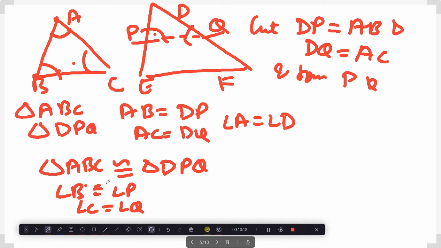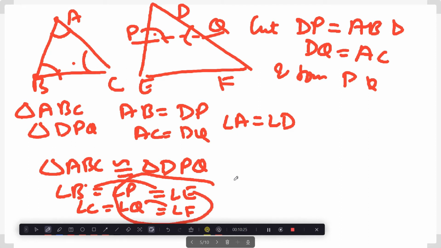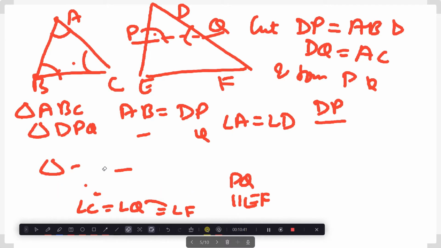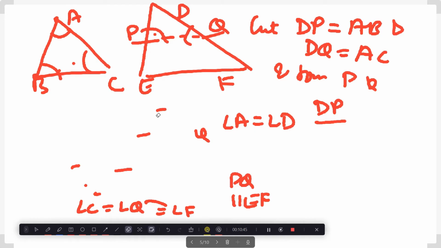Now what is angle B? Angle B is already equal to angle E, and angle Q is already equal to angle F. So then PQ is parallel to EF. Now PQ is parallel to EF, we know DP by, so now we will show this a little more clearly, so that you are not confused. Because if this is understood, then we can.